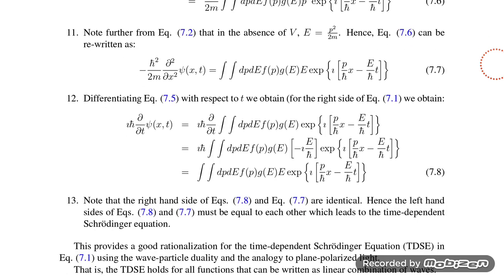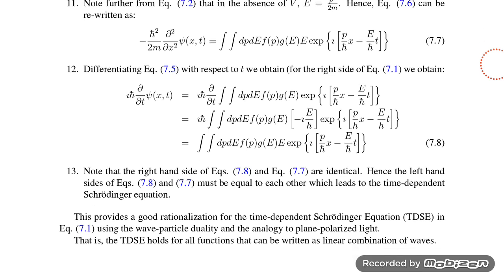Now we can say that from equations 7.7 and 7.8, the right hand sides are identical. Hence the left hand sides of these two equations must be equal to each other, which leads to the time dependent Schrodinger equation.